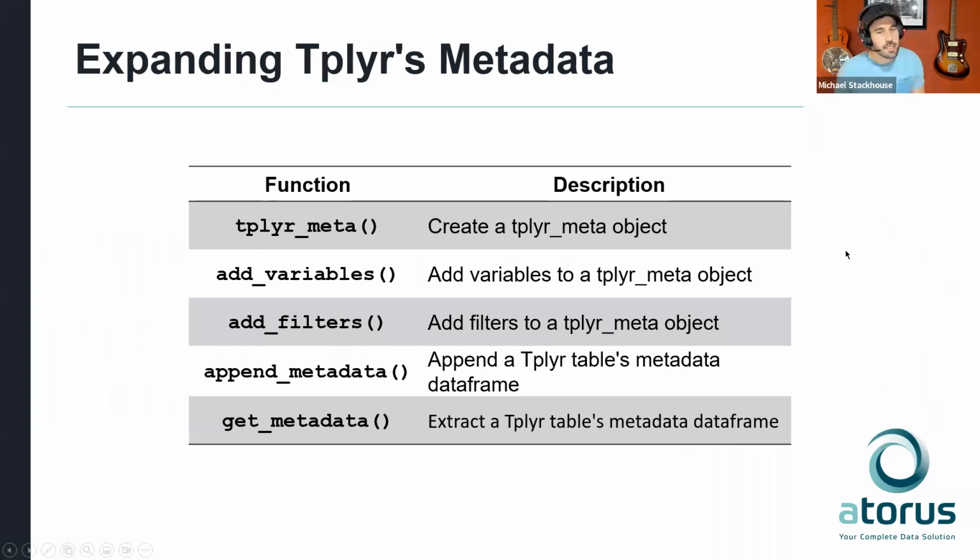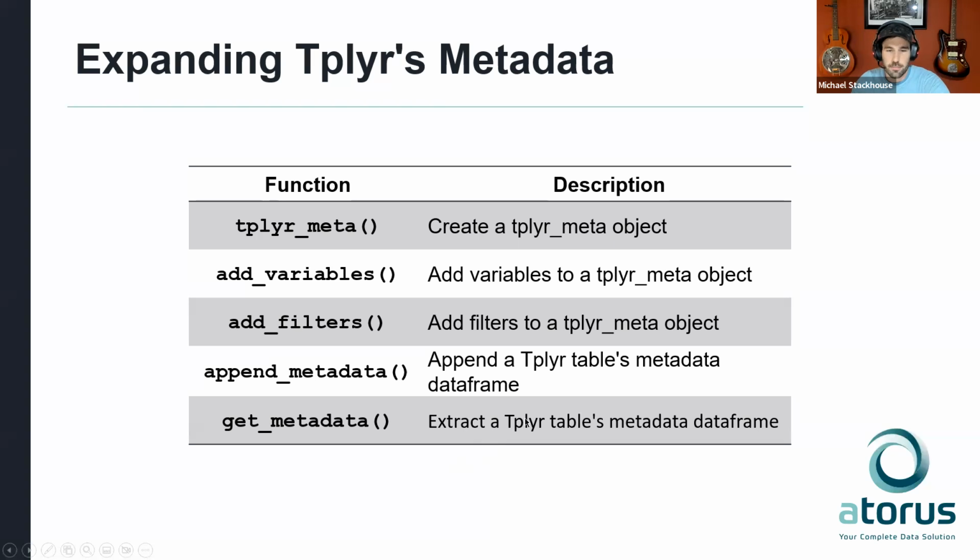If you want to expand an existing tplyr table, we have the append_metadata function, which will do a bind rows action, or a set operation, to expand the metadata that sits inside tplyr so that you can contribute your own. Your output result table can then still talk with the tplyr table object using get_meta_result and get_meta_subset.